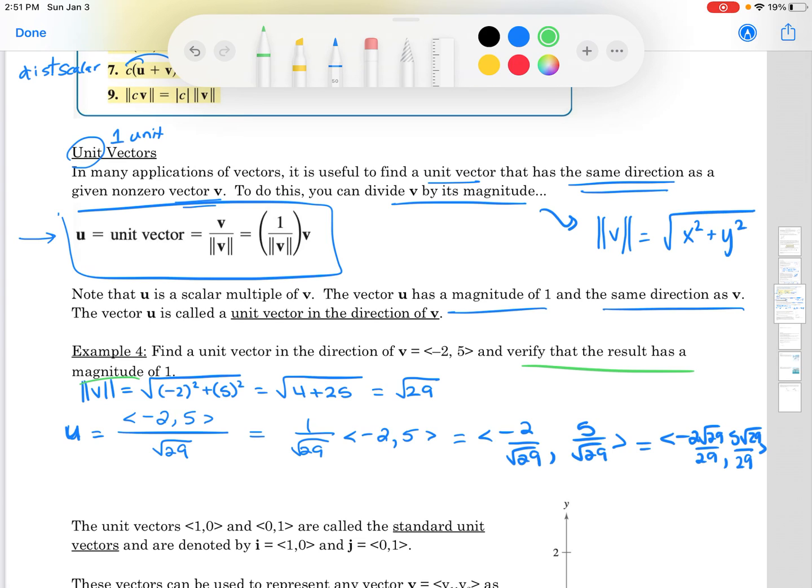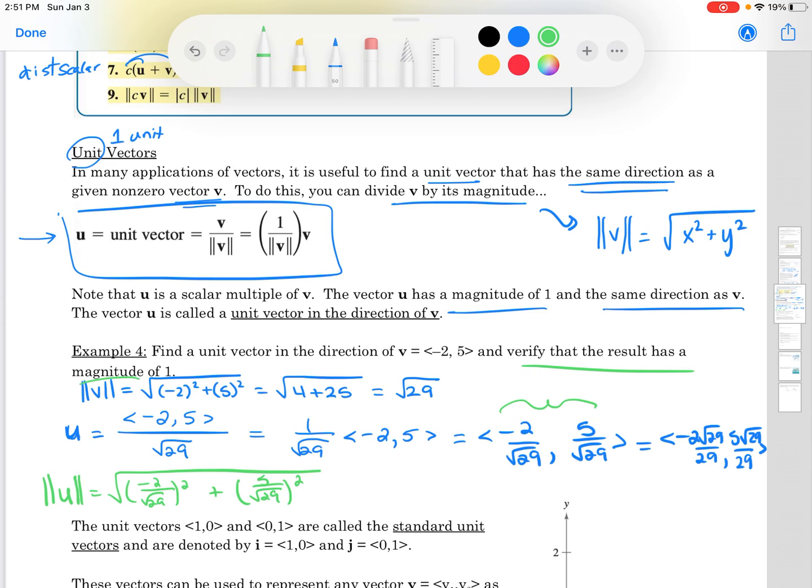So we want to find the magnitude of u now. It doesn't matter which form we use. I'm going to go back to the one before we rationalized, just to make life a little bit easier. We want to take the square root of negative 2 over root 29 squared plus 5 over root 29 squared.